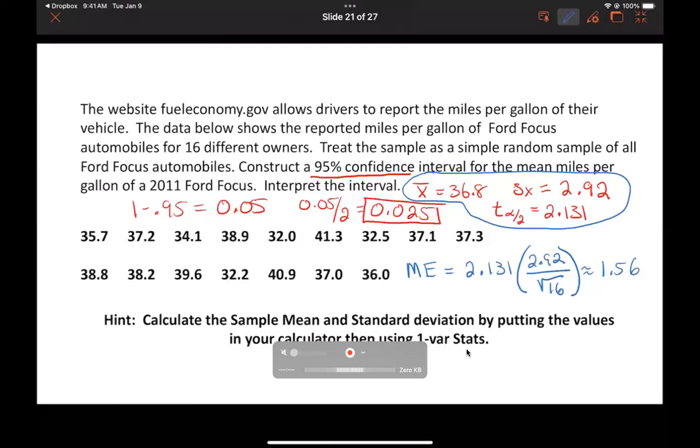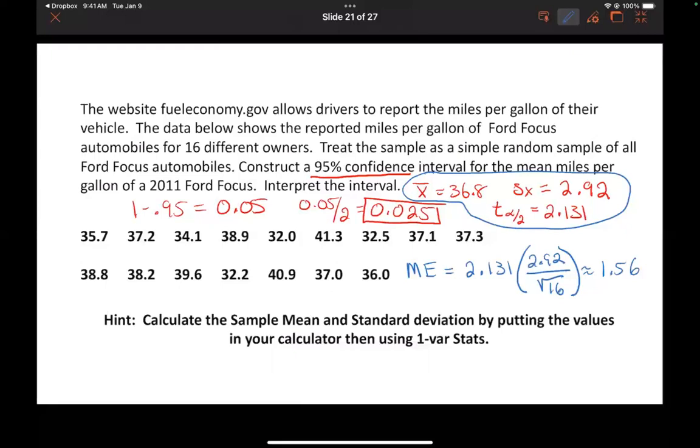Okay, did we get 1.56? Yes. Yes, yes, yes.